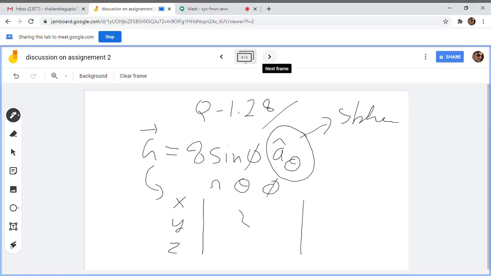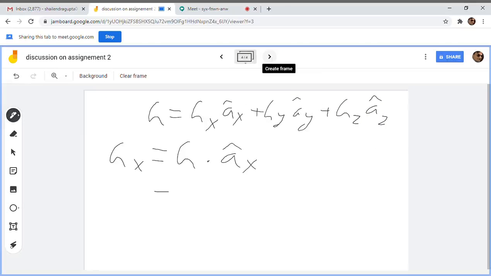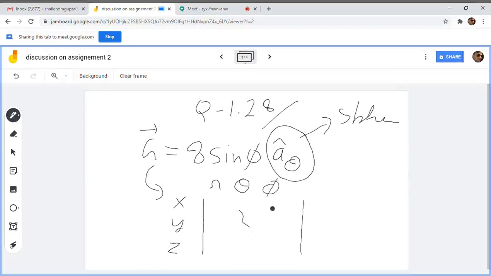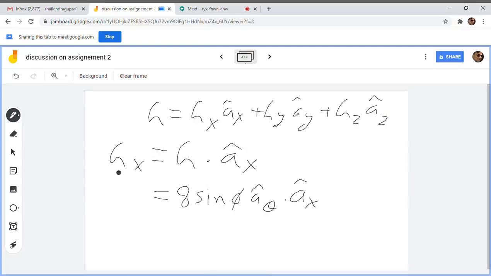This is a vector, so we can put in this value, so it will be 8 sin phi a theta dot ax. So just put the value of a theta dot ax from this matrix, you know it already, and from here you will get gx. Similarly you will get your gy and gz.